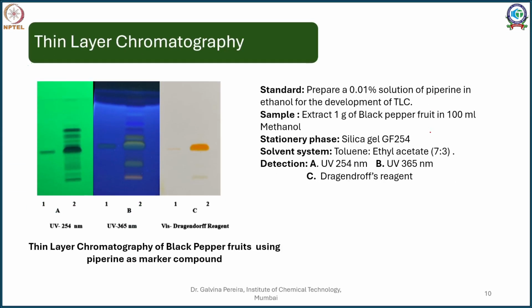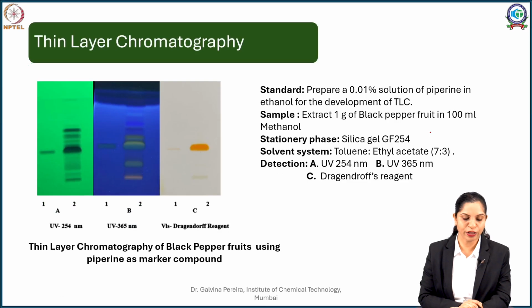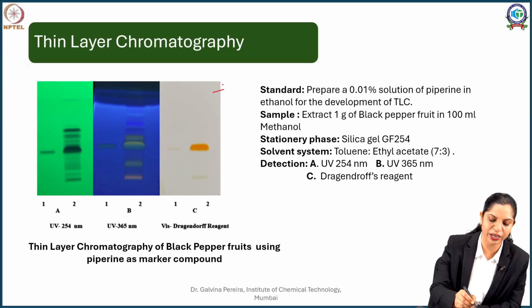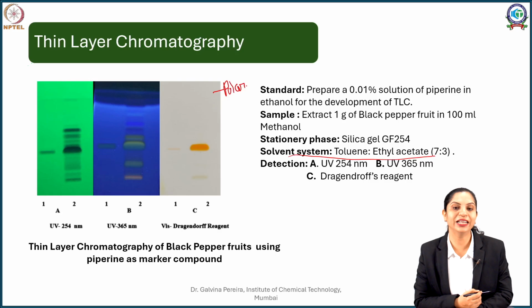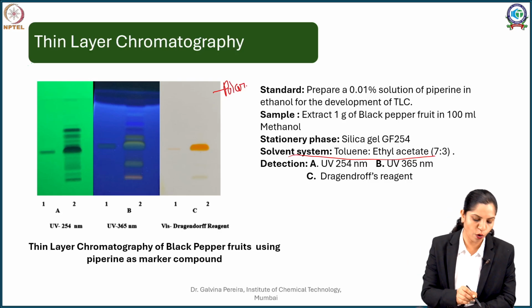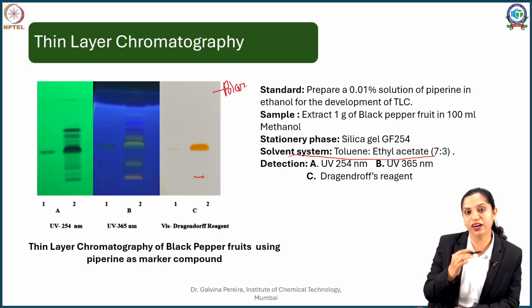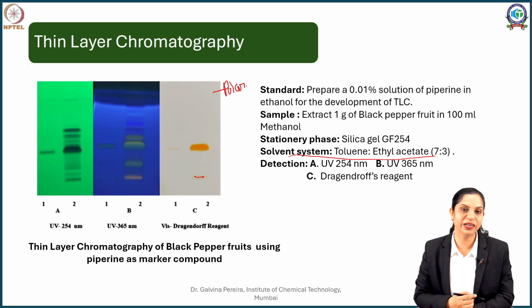Another qualitative test we have seen previously is thin layer chromatography. So thin layer chromatography, if you recollect, uses a very polar stationary phase and a very non-polar mobile phase, in this case toluene and ethyl acetate, and then you spot your sample and make it run in a developing chamber.